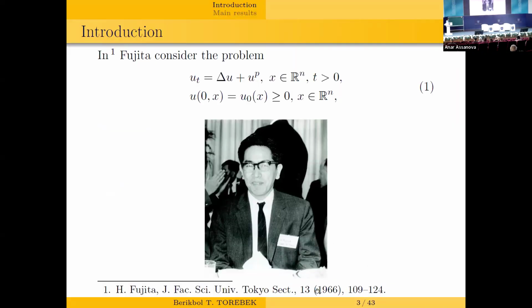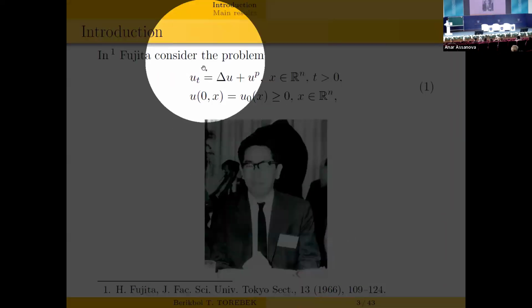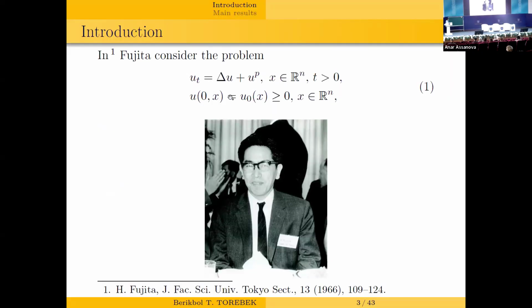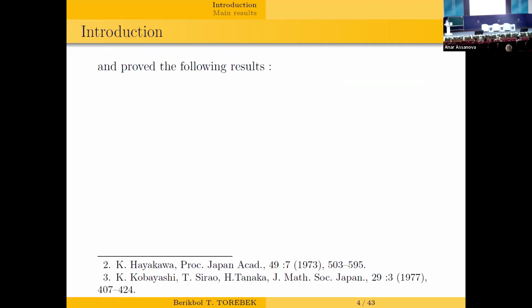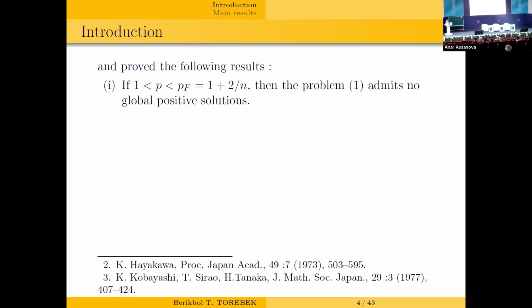In 1966, Fujita considered this kind of semilinear heat equation with non-negative initial data. And he was interested in the global existence and the blow up of the solution of this problem. And he gets the following results.